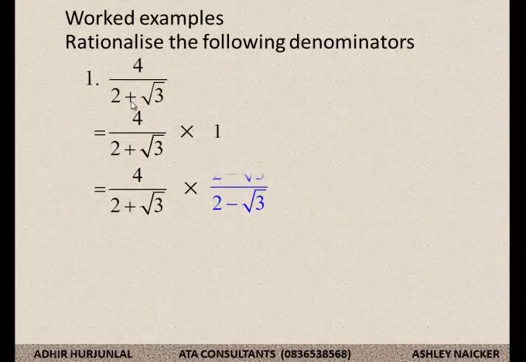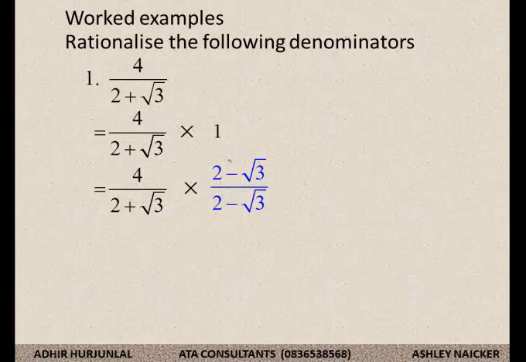It simply becomes 2 minus root 3 over 2 minus root 3. Now guys, don't get confused about this. I want you to pay careful attention to what went on here. I am using conjugate pairs. The reason I am using conjugate pairs is, as in the previous example, I want the denominator to be rationalized.